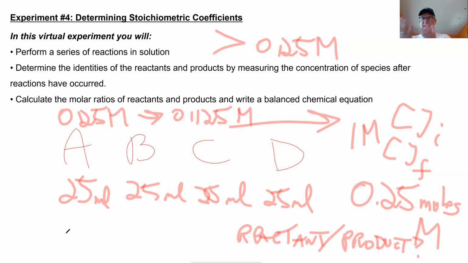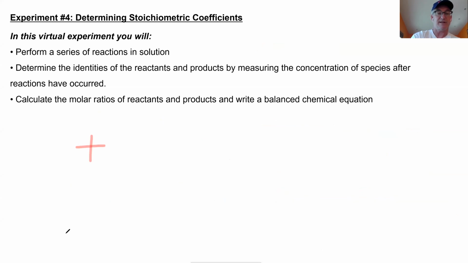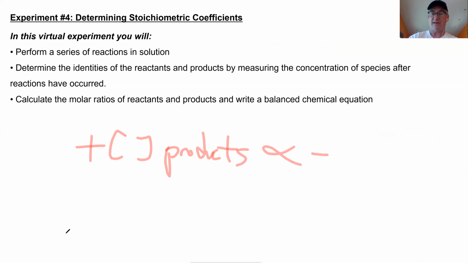And then trying to figure out the ratios of one to another, basically what we're looking for is what was the increase in concentration of my products related to the decrease in concentration of my reactants.